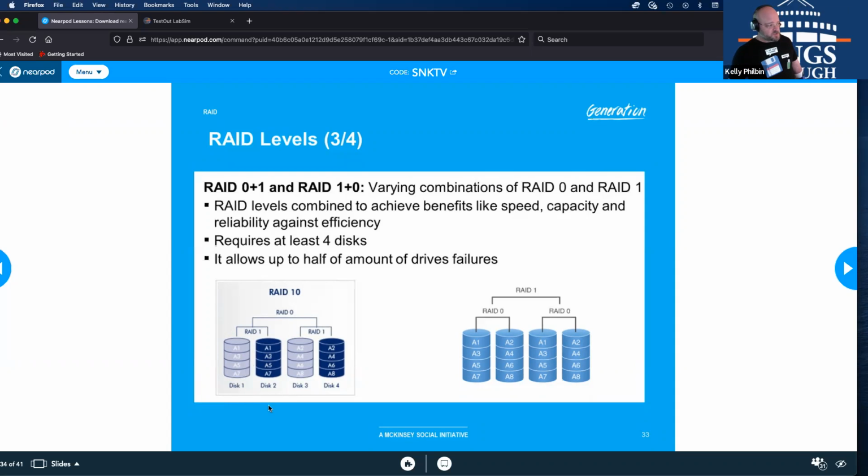If I lost disk 1 and disk 3, I'm okay, because I have a mirror of the data that was lost. So it really depends on which drives fail on the 0 plus 1 or the 1 plus 0, which is why they say up to half your drives. Does this make sense?